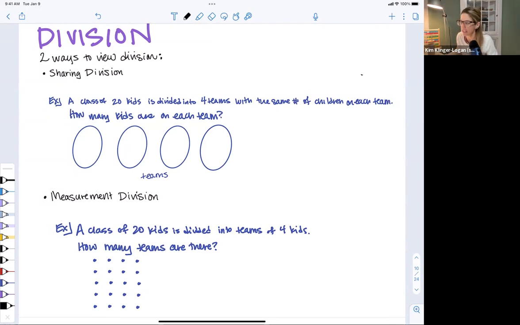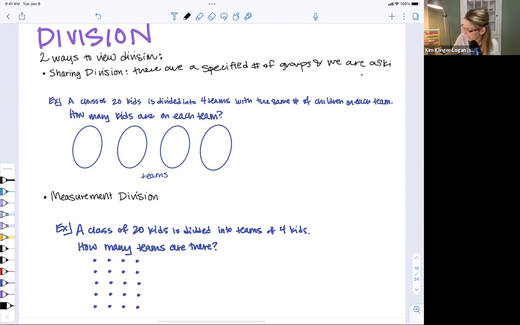There is this idea of sharing division, and here there are a specified number of groups, and we are asking how many objects end up in each group once they're distributed.